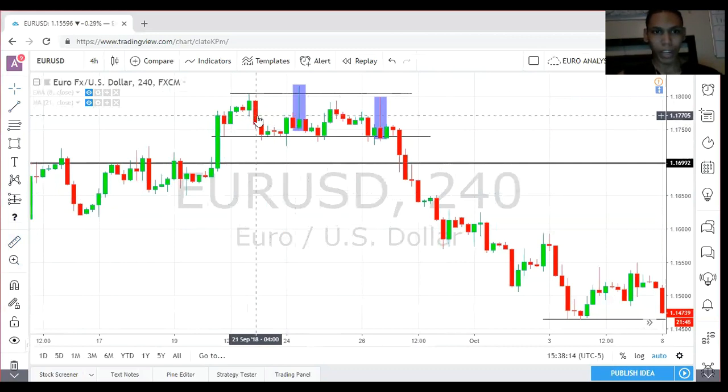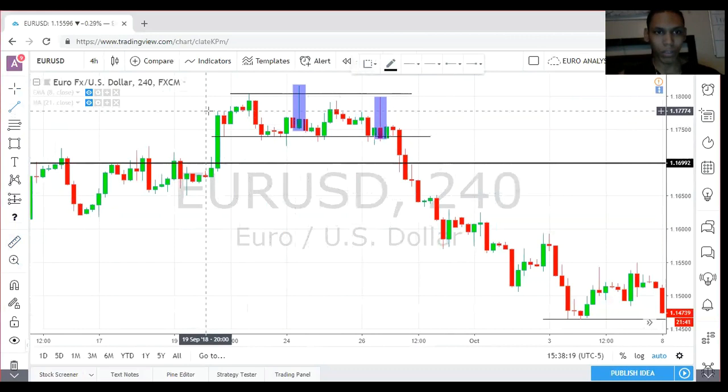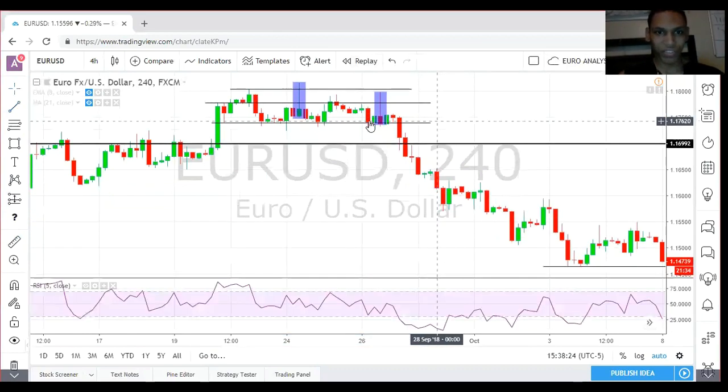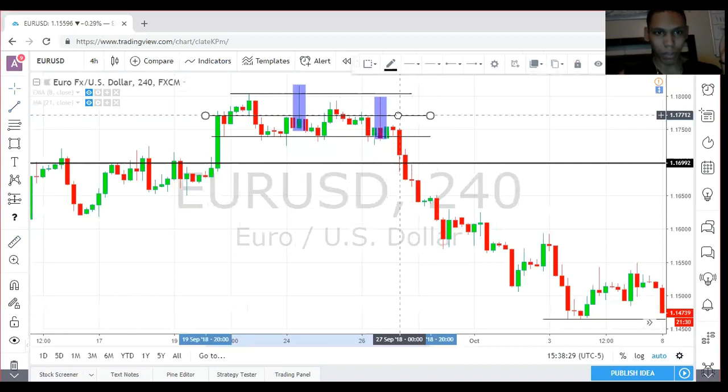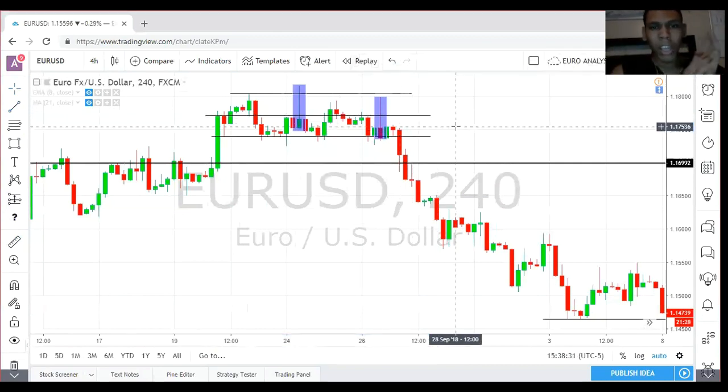Then to get a better entry, you would have took the middle originally, like that. If you want to be technical with it, but me, I would have took it like that.